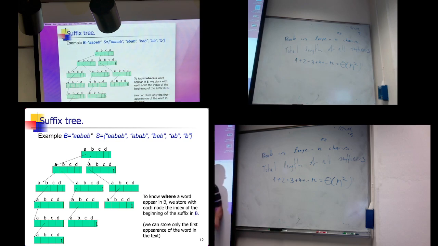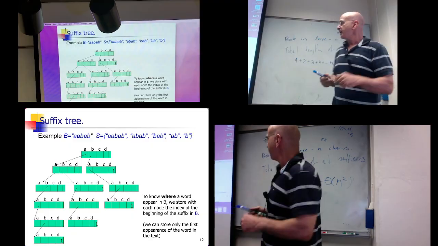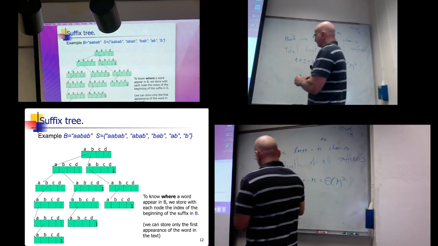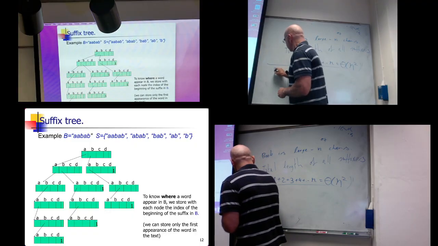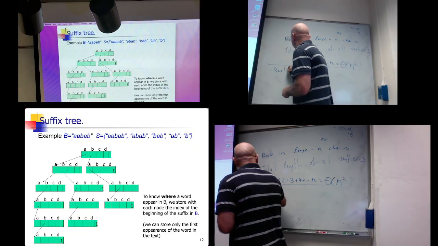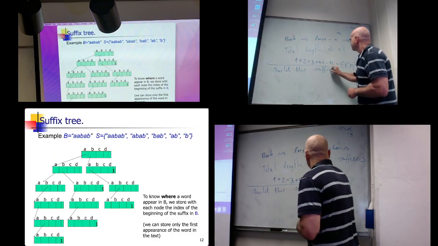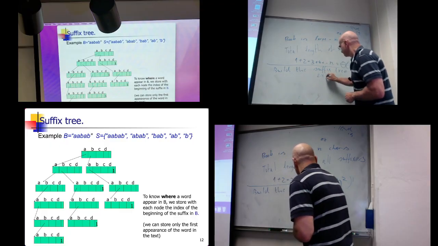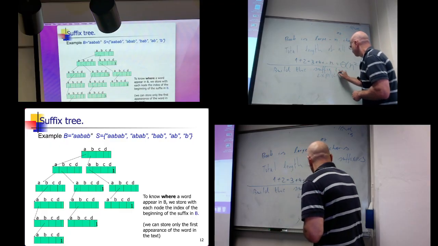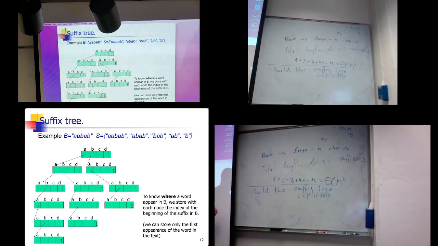And this plus one more trick will be enough to tell you that I can, so to go over it: build the suffix tree explicitly. It's not how you spell explicitly, but you understand.